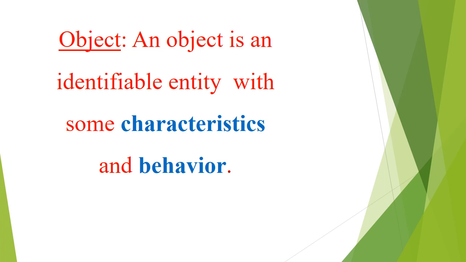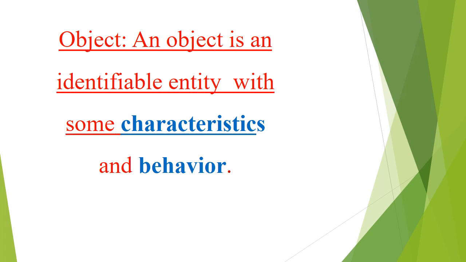What is an object? An object can be defined as an identifiable entity with some characteristics and behavior.